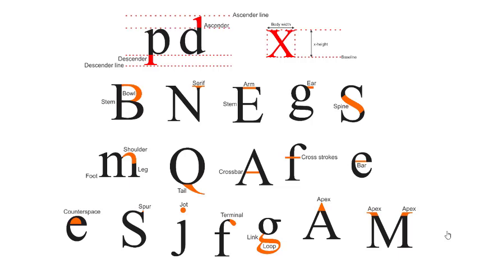We have the body weight, we have the x-height, we have the baseline, we have stem, bow, serif, stem, arm, ear, spine, shoulder, foot, leg, crossbar, tail, cross strokes, ear, counter, paw, jaws, terminal, and so on. So this is the anatomy of type. All these are what make up type.